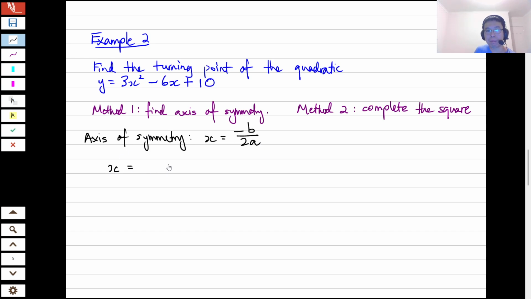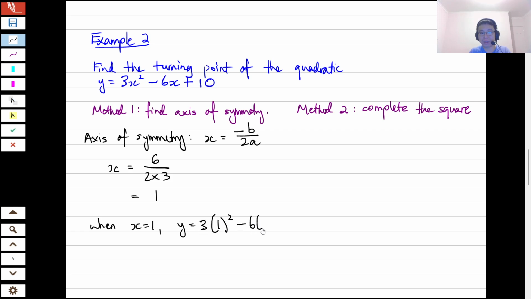So b is -6, so -b is +6, and 6 divided by 6 is 1. When x equals 1, y equals 3 times 1 squared minus 6 times 1 plus 10. 3 minus 6 plus 10 is 7. So the turning point is at (1, 7).